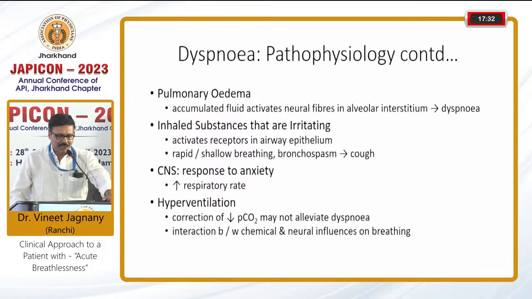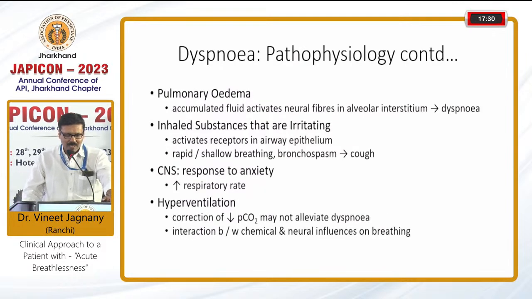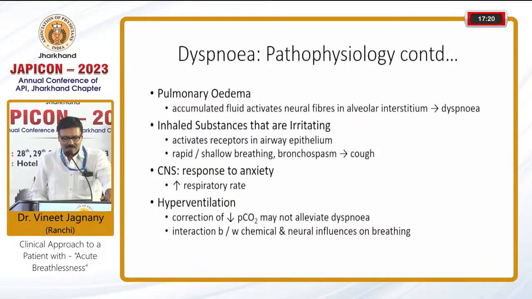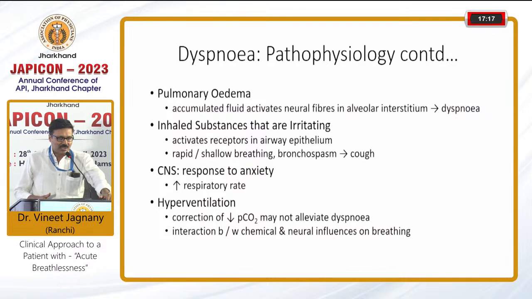In pulmonary edema, the fluid activates the neural fibers, whereas in inhaled substances, similar things occur which lead to dyspnea. In anxiety, there is hyperventilation, which can cause reduction in CO2, but that does not alleviate dyspnea.